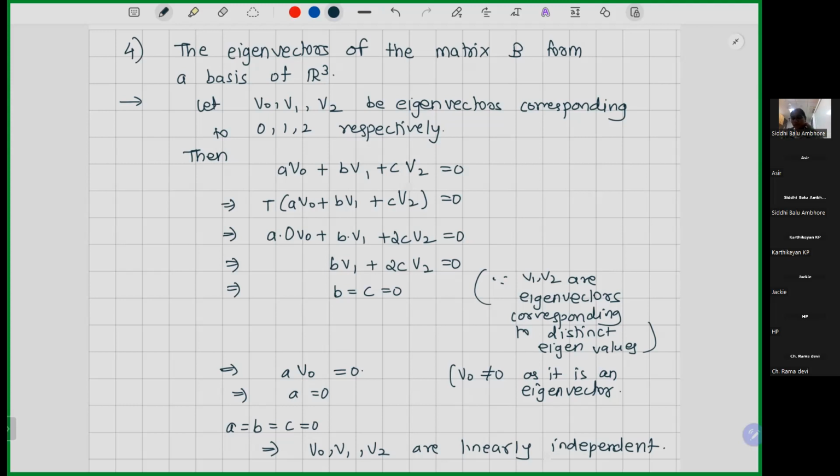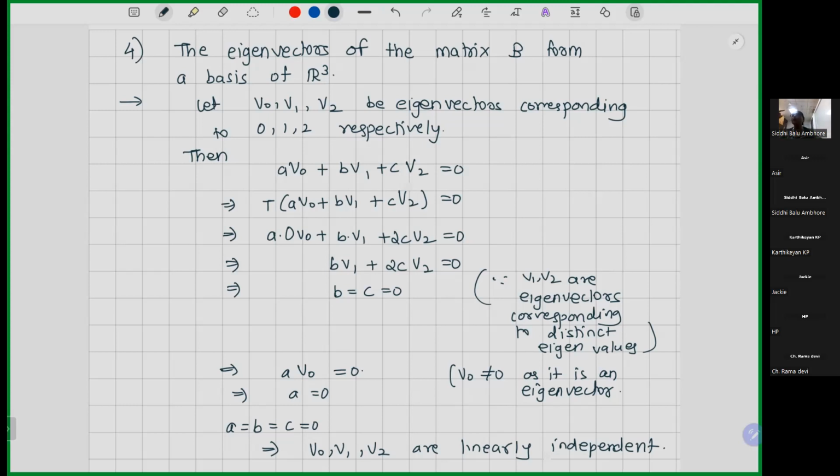But if the matrix is n cross n and it has n eigenvalues, I'm not saying n distinct, but it has n eigenvalues, then corresponding to each eigenvalue we will have eigenvectors and a basis. So if all the eigenvalues are real, then corresponding to each eigenvalue we will have eigenvectors.